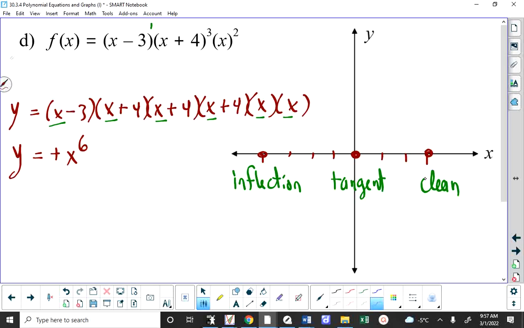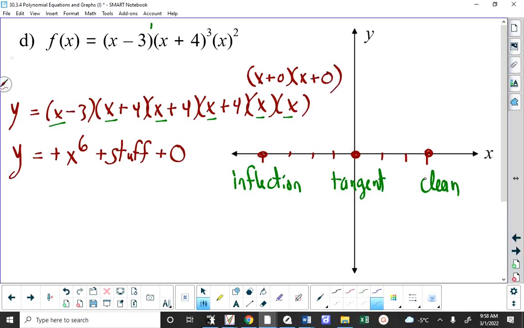The y-intercept will be 0. And the reason it will be 0 is the constant in each term gets multiplied to give that. So you're going to multiply negative 3 by 4 by 4 by 4 by 0 by 0 because this is really x plus 0.